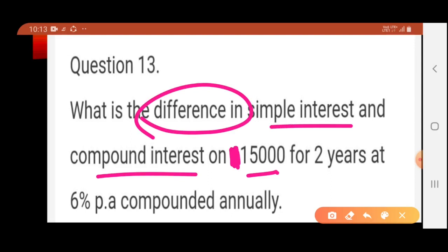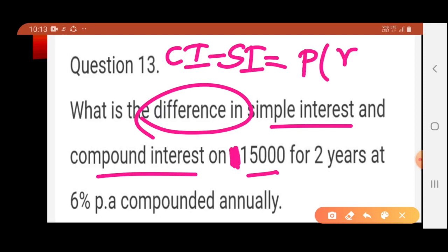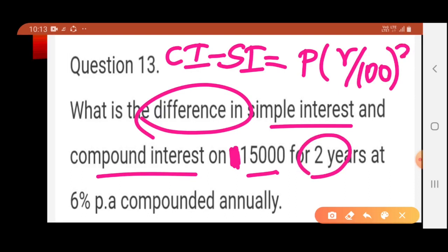We know the formula: CI minus SI equals P into (R by 100) power n. If it is 2 years, power 2. Here our principal amount is 15,000. Our R is 6%. If you substitute the principal amount and rate of interest, we can get the answer.